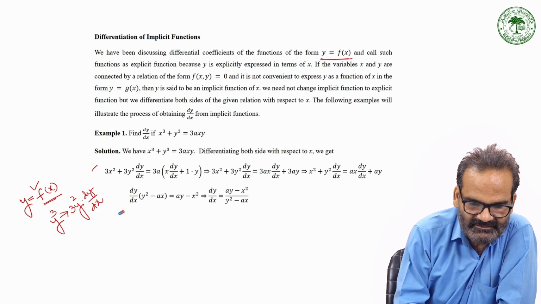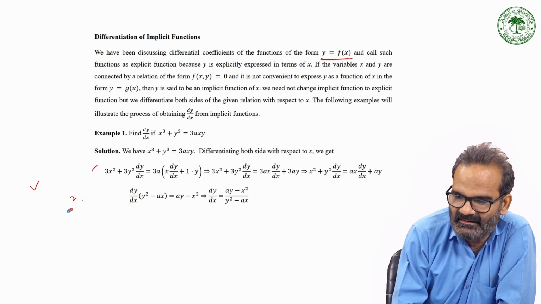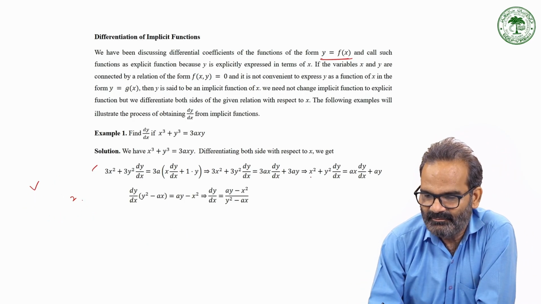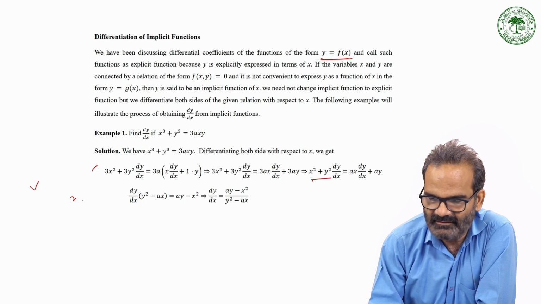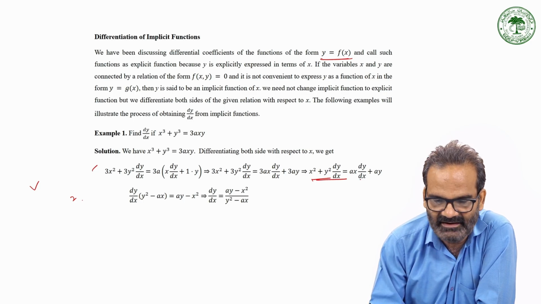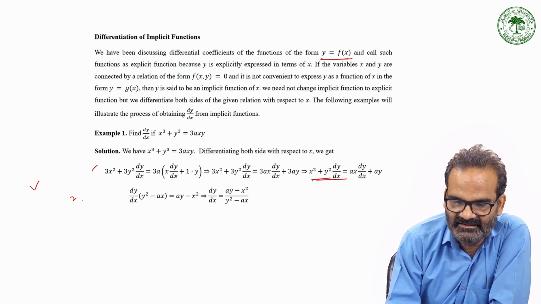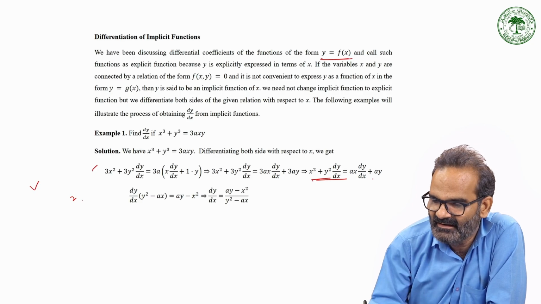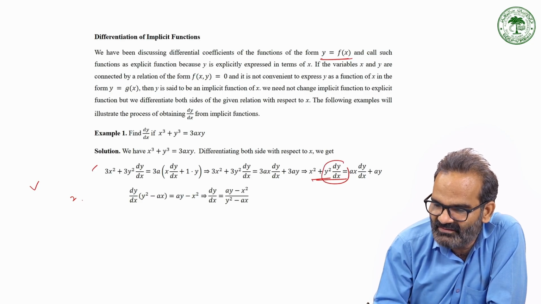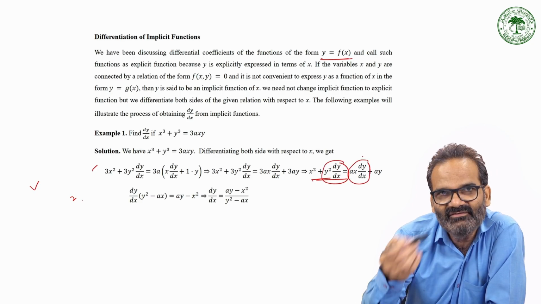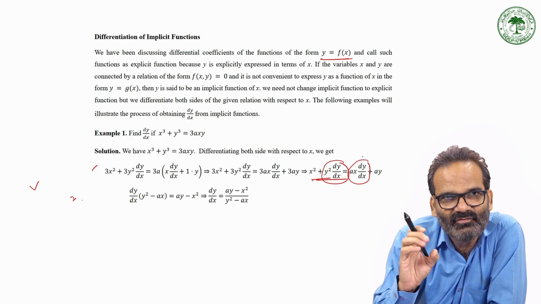What is left? That is x square plus y square dy over dx is equal to ax dy over dx plus ay. If you open this bracket, 3ay, the 3 will be cancelled out, ay is there. Now collect the terms of dy over dx together because we want to calculate dy over dx.